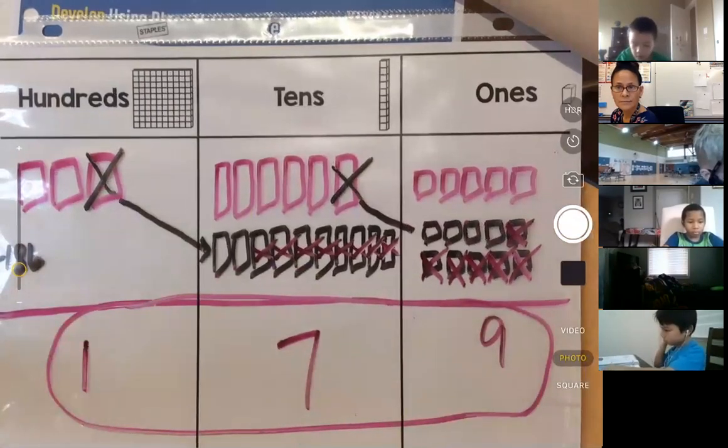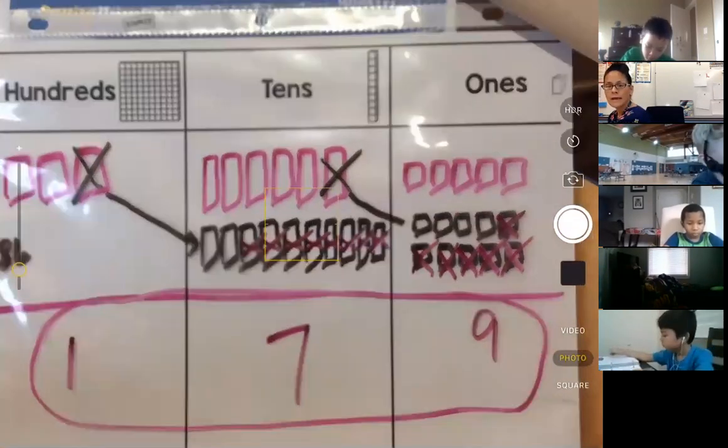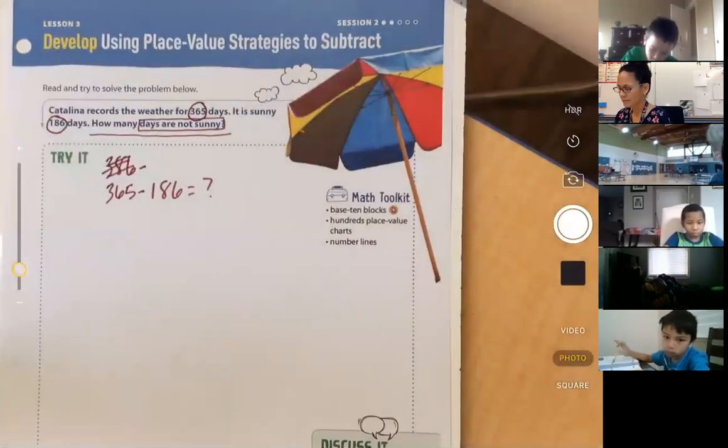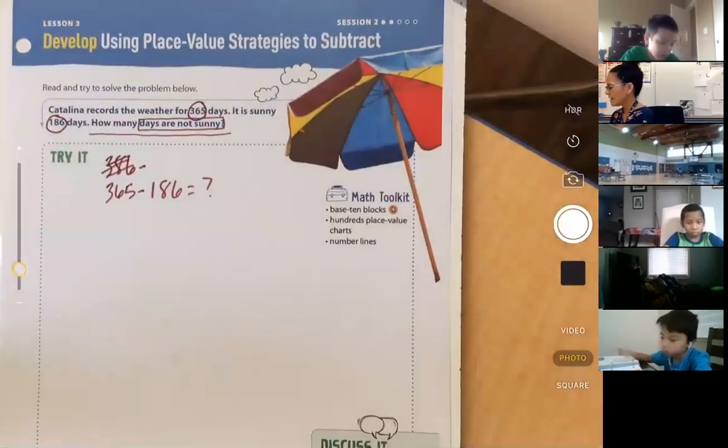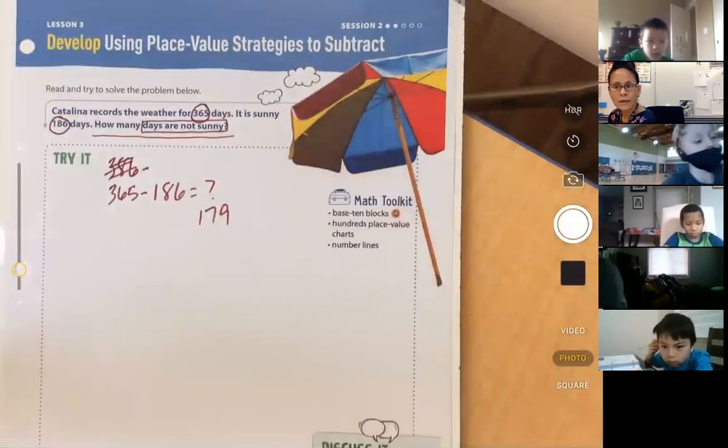Now, my friends, heading back for a moment to our original piece of paper, we are saying that that difference equals 179.